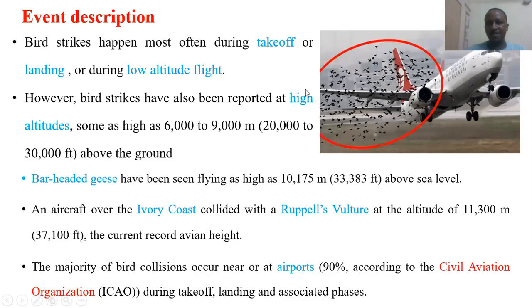We can see a number of birds coming in contact with the aircraft at the moment it is taking off. The bird is sucked into the engine, and at the same time they collide with the structure. If a number of collisions happen, some of the engines will malfunction and can cause a very high disaster.